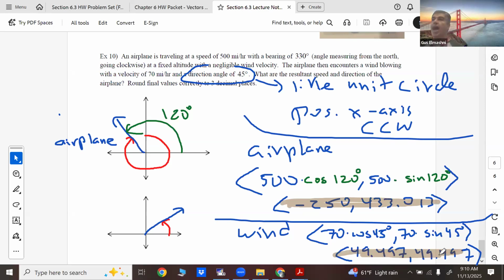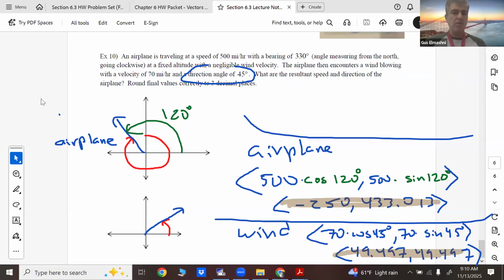So guess what we're going to do? We're going to add those two vectors. Those two vectors will get me the result. So I do need a little bit of space. I'll clear this up here. And we'll call this, just for sake of making things easier, vector A and vector W. Okay.